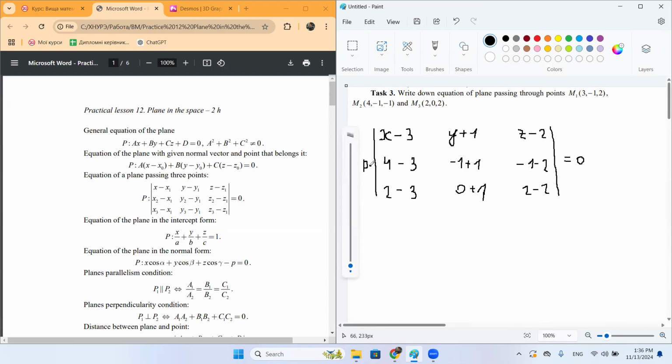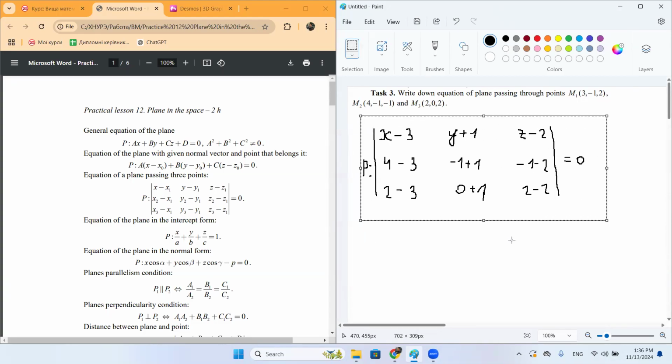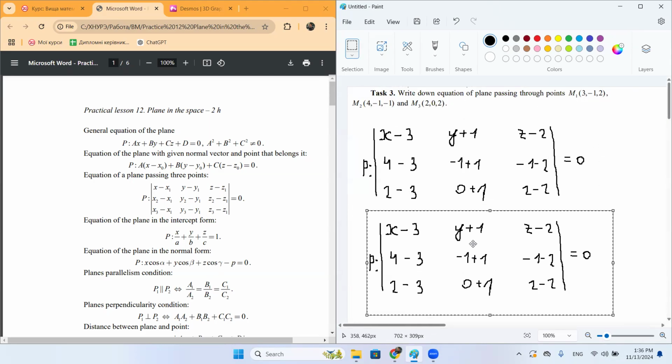And this is the equation of the plane P. So 4 minus 3, 2 minus 3. Okay, minus 1 plus 1, 0 plus 1. Then minus 1, minus 2, 2 minus 2. Okay, so continuing. And now it's simplified.